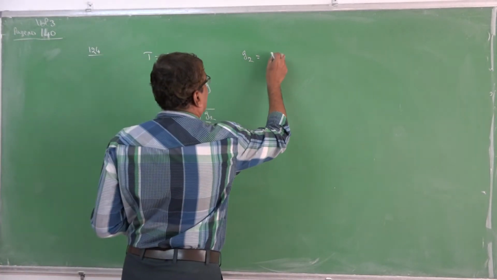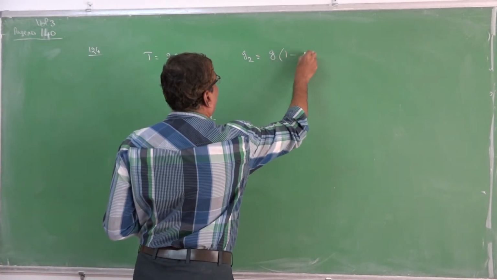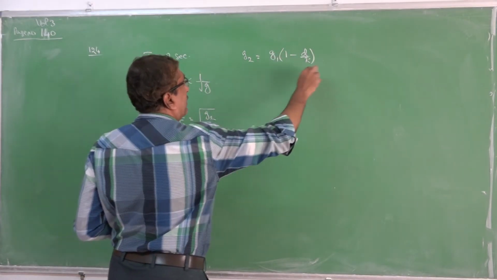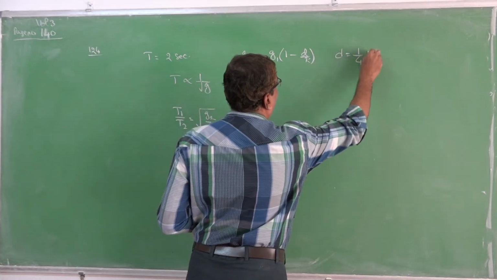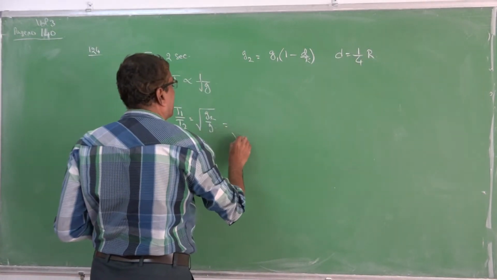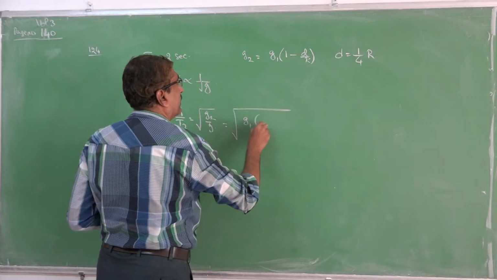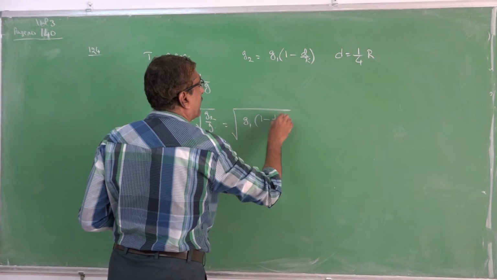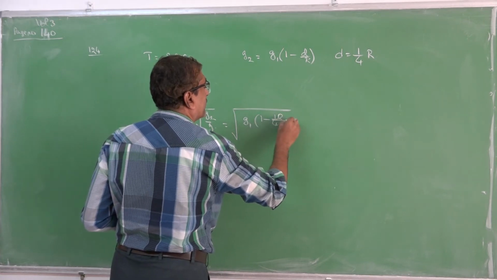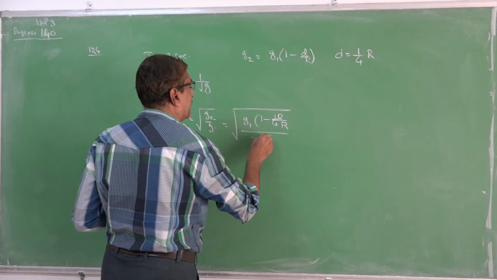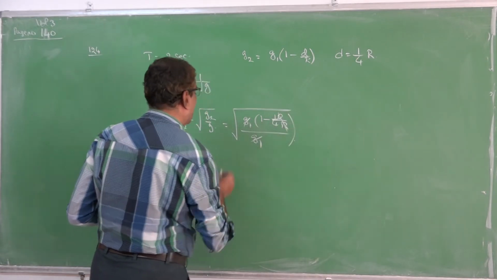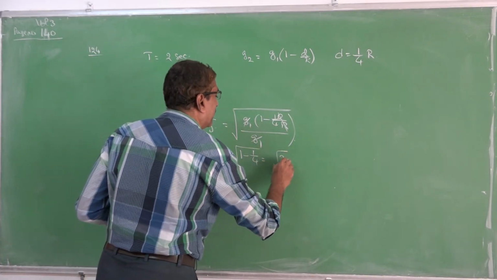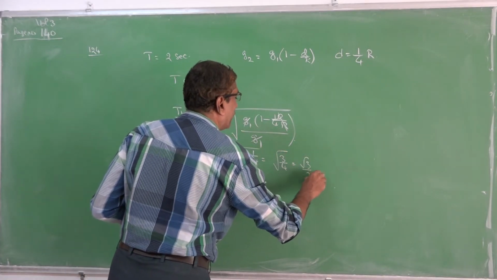At a depth, the g value is given by g into (1 minus d by R), where d is equal to 1/4 of R. So writing this in the equation, g2 by g1 is 1 minus 1 by 4, and the square root of 3 by 4 is root 3 by 2.